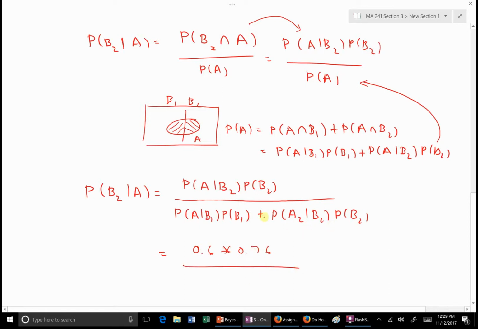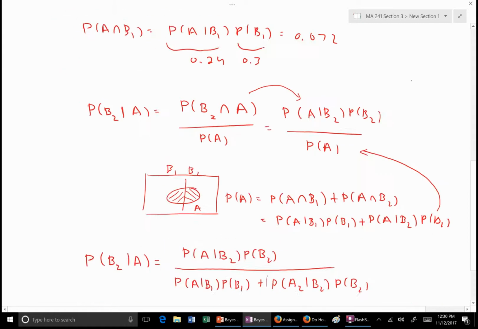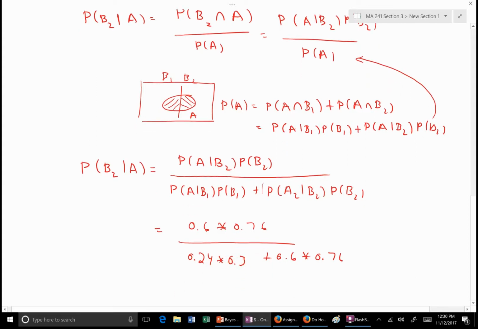And of course I'm going to have this same term down here also, so I'll just put it down here. Okay? And then we had 0.24 and 0.3 down here. We did that calculation earlier. Okay? And if you calculate all this out, right, so we have 6 times 76, 0.456.